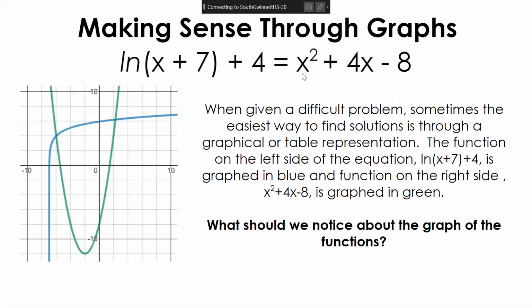Okay, so they show us a lovely graph of what we just went over. When given a difficult problem, sometimes the easiest way to find solutions is through graphical or table representation. The function on the left-hand side is in the blue, and the function on the right-hand side is in the green. Okay, really quick, what type of function is this guy on the right-hand side?